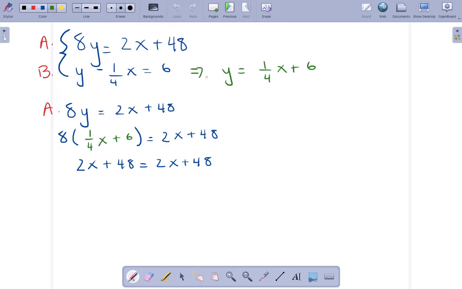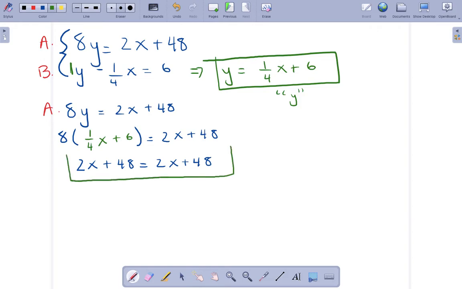And the approach I've taken is to try to use some substitution. I took advantage of the fact that this y has a coefficient of 1. Here I've solved for y, and so I've got another name, or a synonym, for y. I'm plugging this name for y into that first equation, and suddenly I get an outcome that's perplexing. I get that 2x plus 48 is equal to 2x plus 48.